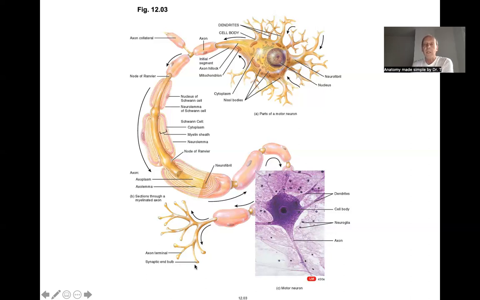And this is something that we can address right now. Within those synaptic end bulbs, individual nerve cells accumulate and store chemical substances that are collectively known as neurotransmitters.